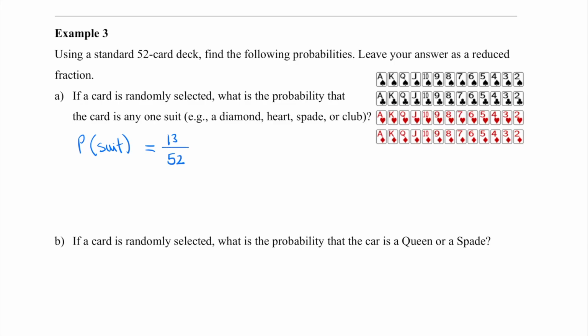And the question is asking me to leave the answer as a reduced fraction, so I need to reduce this fraction. Both 13 and 52 are divisible by 13, so I divide 13 by 13 and divide 52 by 13. And I get 1 over 4. So the probability of drawing any specific suit is 1/4.